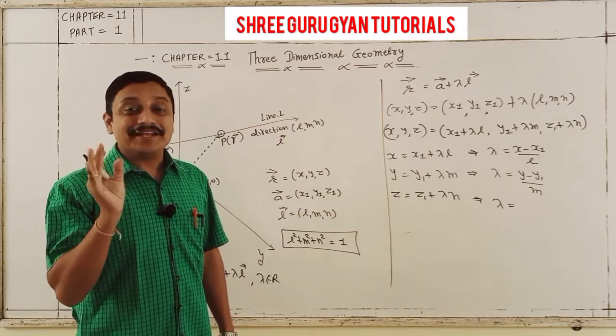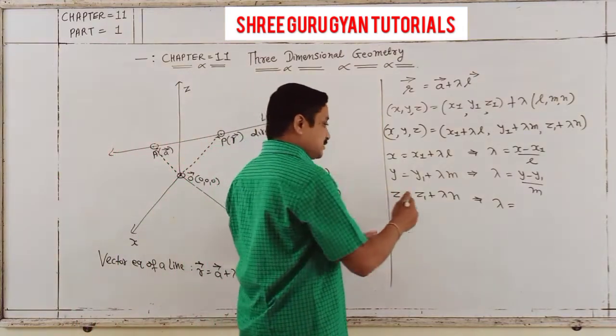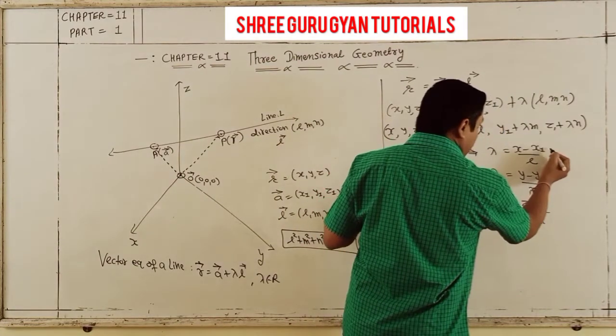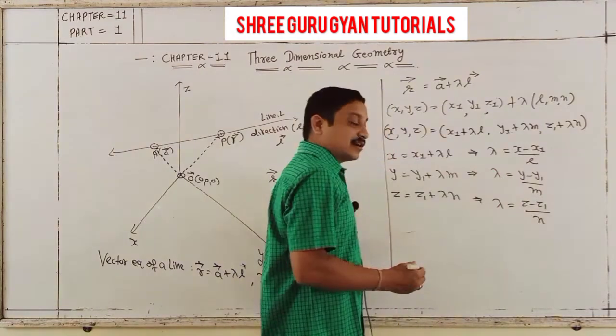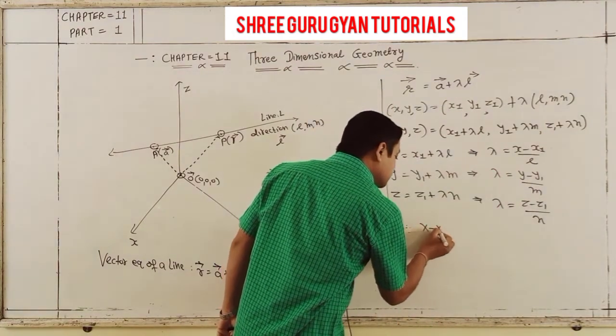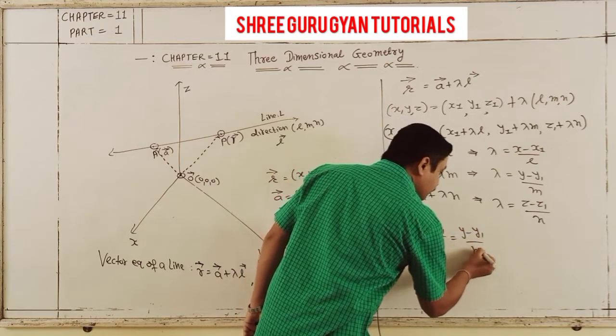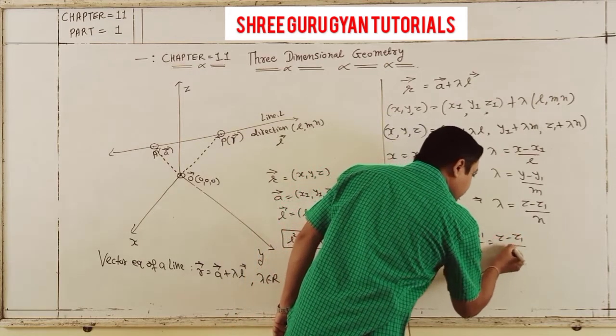Just eliminate lambda. Actually here all lambda I compare and derive one more equation of line. It is called the Cartesian equation. So here (z - z1)/n, and these all three values students I just compare. So (x - x1)/l = (y - y1)/m = (z - z1)/n.